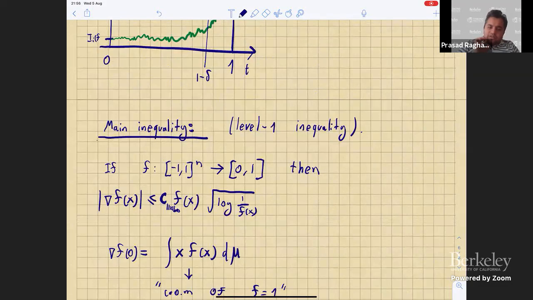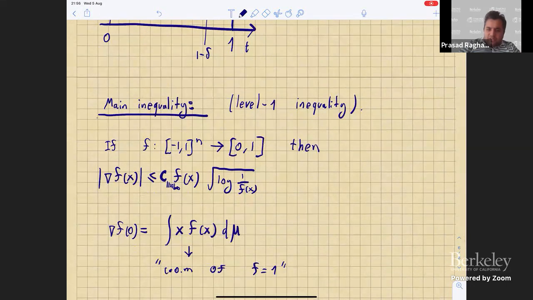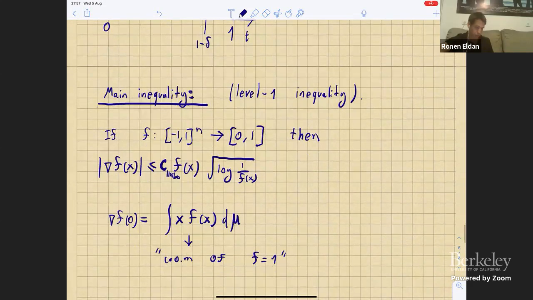Ronen, this theorem, the main inequality, holds for every function. What is f here? So f is the multilinear, the harmonic extension of every bounded function. Every positive bounded function.